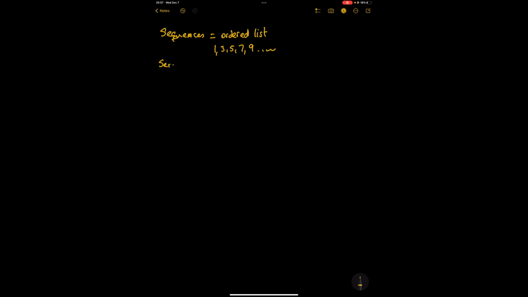Series basically equals a sum of a sequence. So in a series, instead of having 1, 3, 5, 7, 9, it would be 1 plus 3 plus 5 plus 7 plus 9 plus and so on.